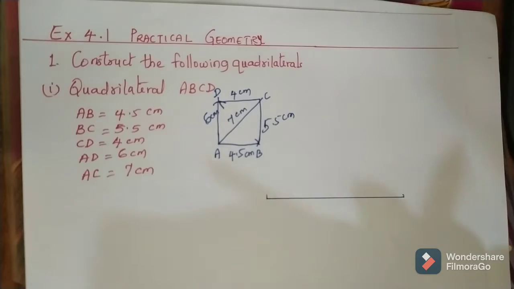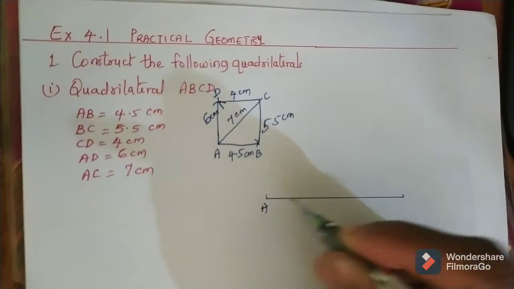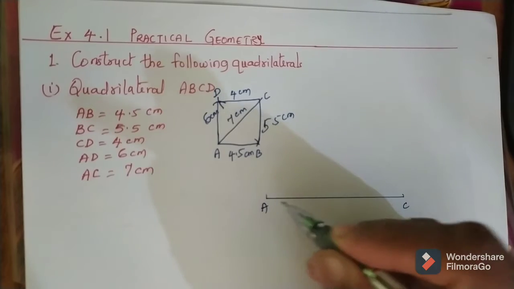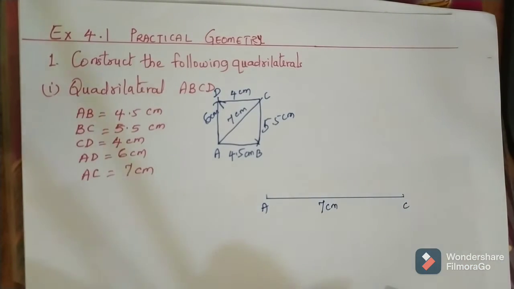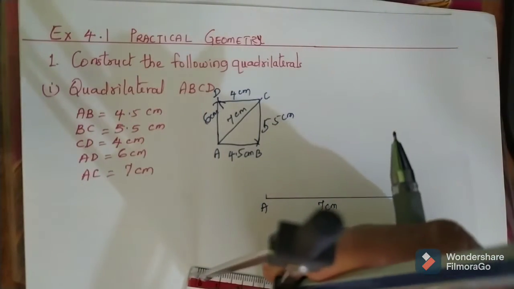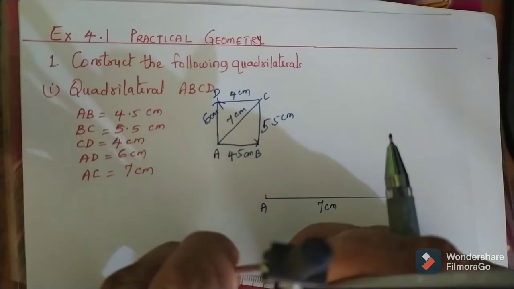Let us take 4 centimeters from C. So this is AC. This is 7 centimeters. Let us take 4 centimeters.